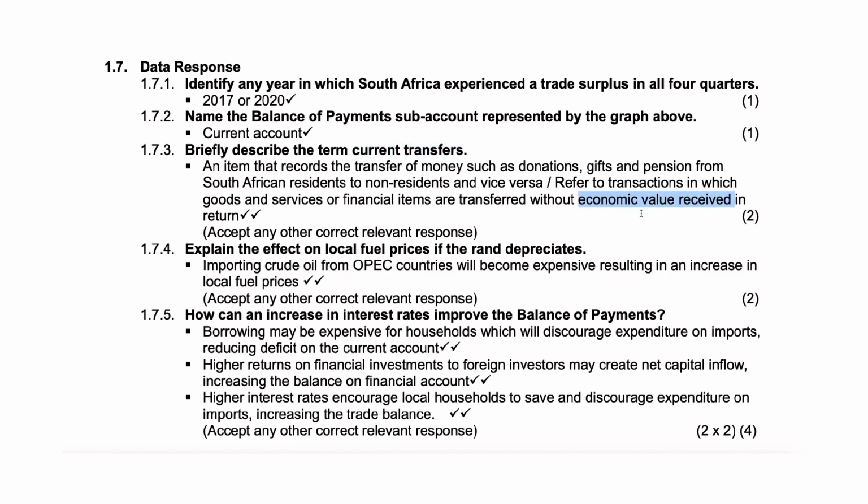So these goods, yes, they have economic value, but there is nothing of economic value that comes in return. What comes in return is usually a thank you. That's all.